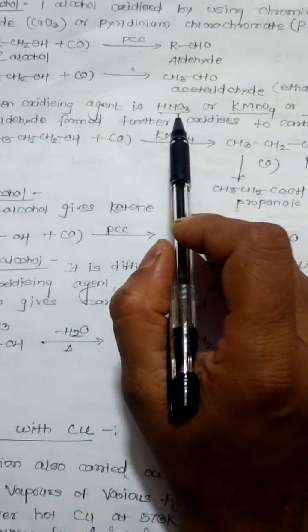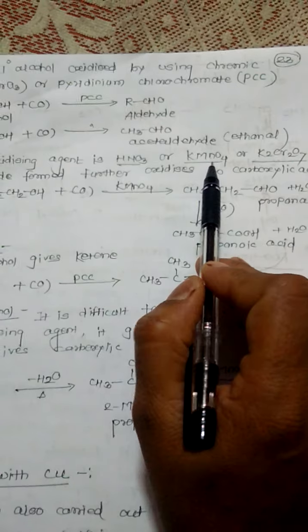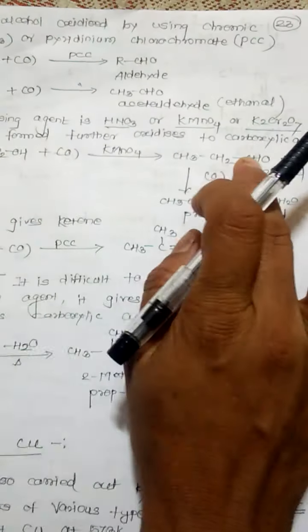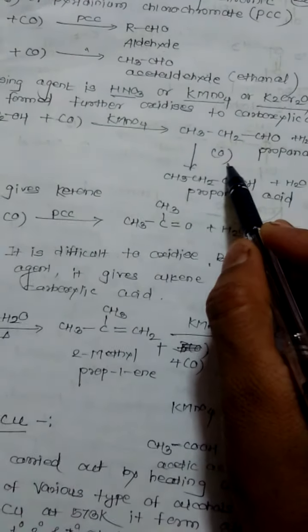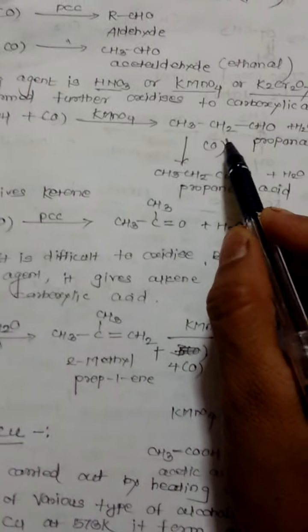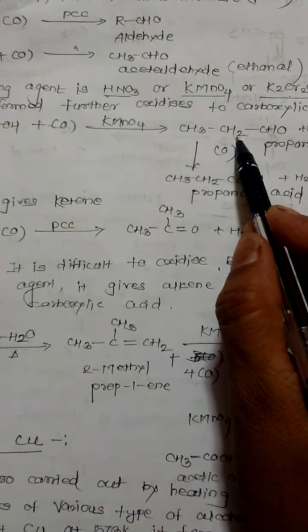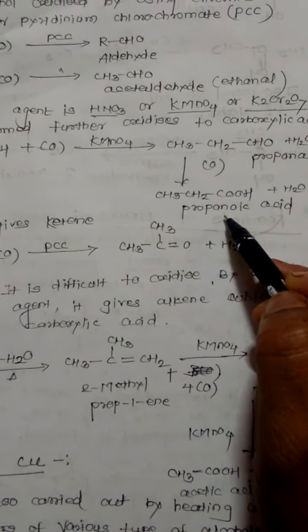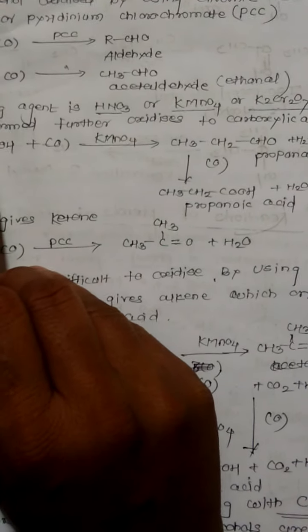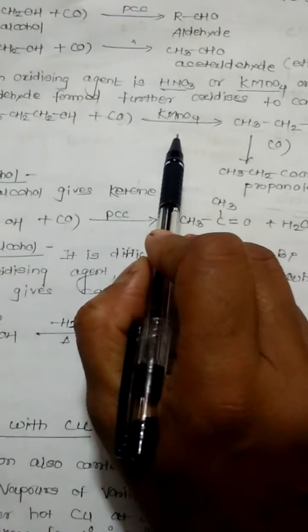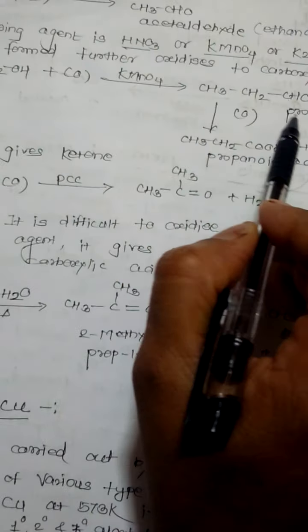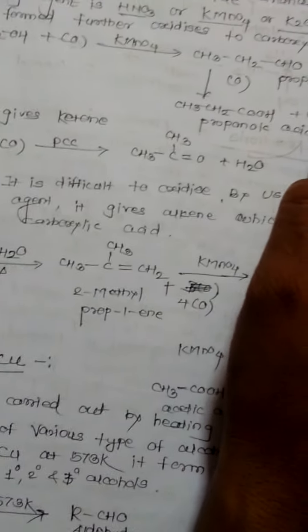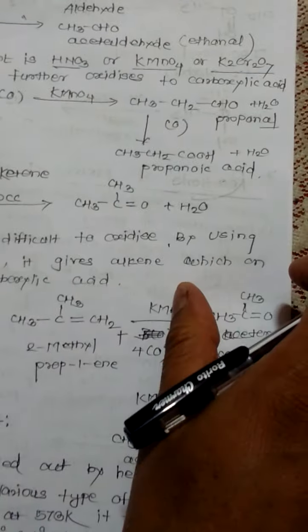But nitric acid, potassium permanganate and potassium dichromate also form the same aldehyde, but the reaction continues. Further oxidation of this aldehyde results in the formation of carboxylic acid. So the primary alcohol propyl alcohol on oxidation gives propanal, an aldehyde, which on oxidation gives propanoic acid. No change in the carbon number.